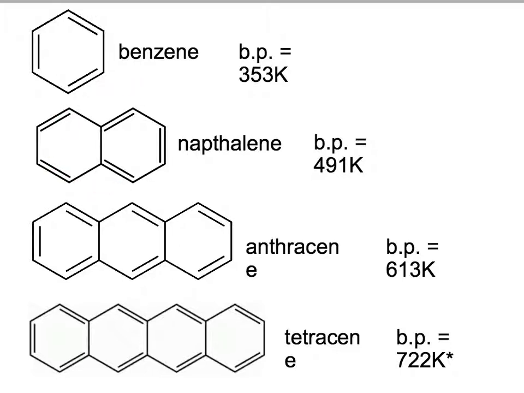So that larger surface area gives you a pretty decent increase in your boiling point. If I look at anthracene, 3 of them, I get another big jump in boiling point. Tetracene, 4 of them, I get another big jump in boiling point. I don't have an asterisk here because people aren't exactly sure what the boiling point of tetracene is, but this is just a predicted calculated boiling point.